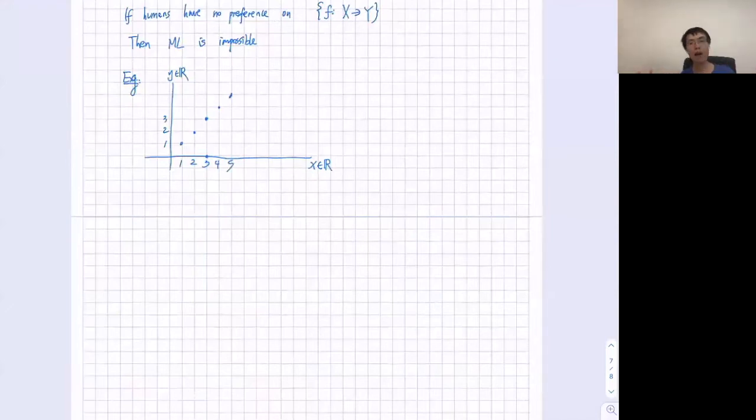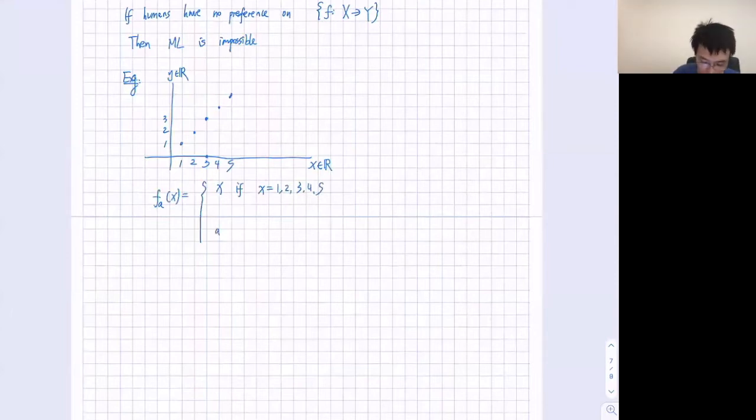Then I don't have any restriction on the functions, on the hypothesis, or I have no preference. So I consider a subset of the functions. So I consider all the functions f_a such that f_a(x) = x if x is 1, 2, 3, 4, or 5, and a otherwise.